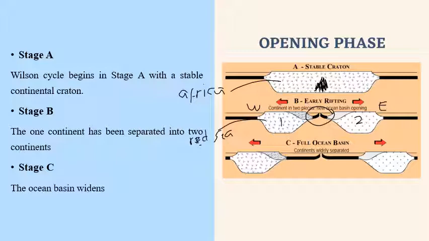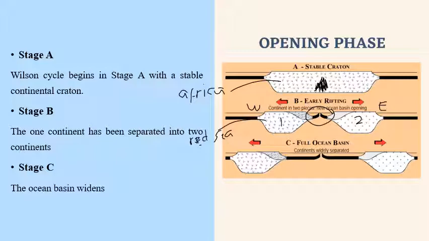So here in our opening phase, we are going to start to get a small ocean. It would be a very narrow ocean basin because the continents were just connected together and have currently split apart. As the ocean basin widens, the stretched and thinned edges where the two continents used to be joined cool, become denser and sink below sea level.